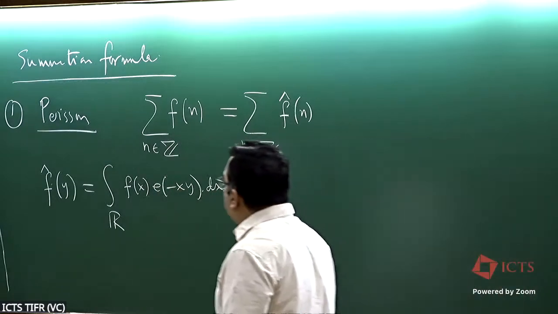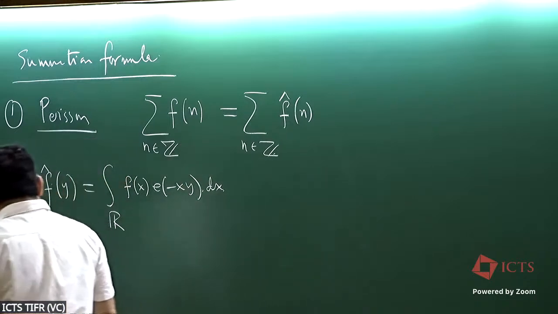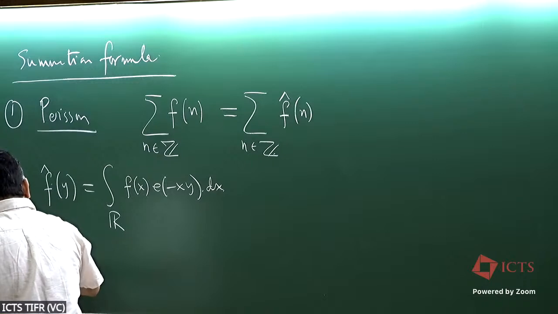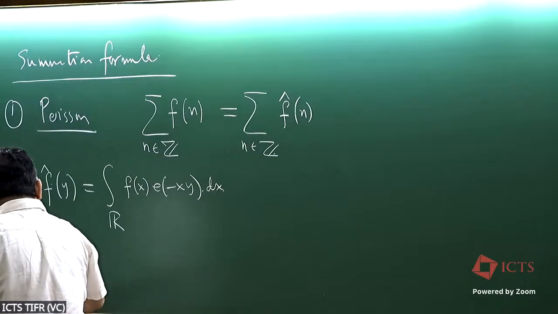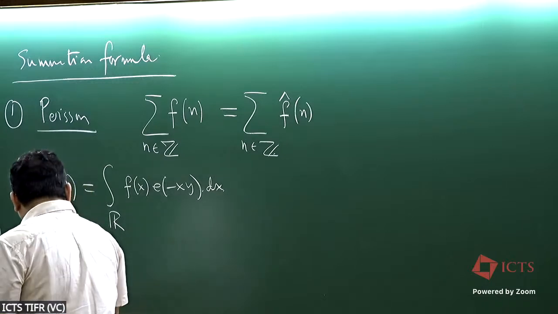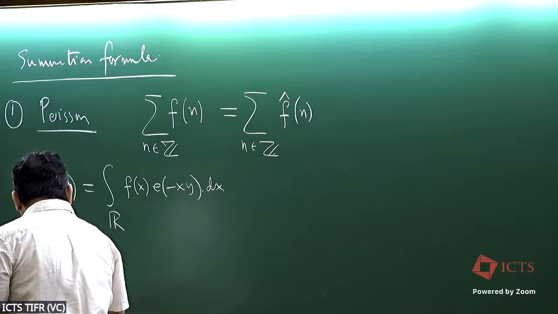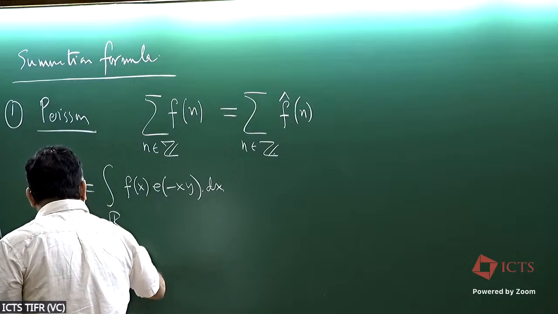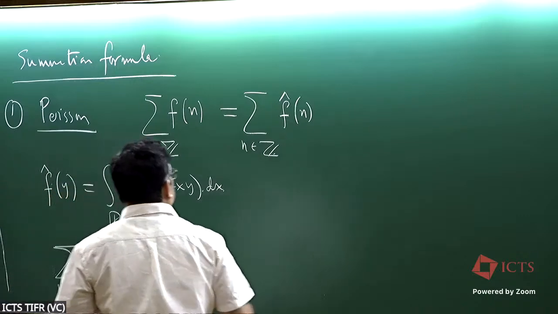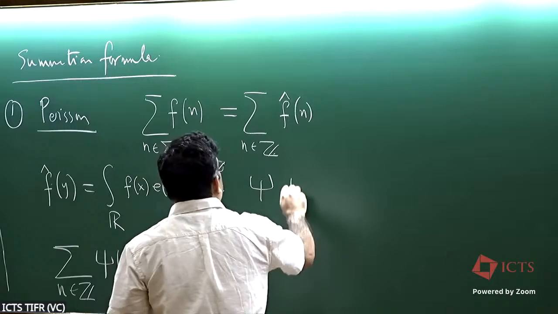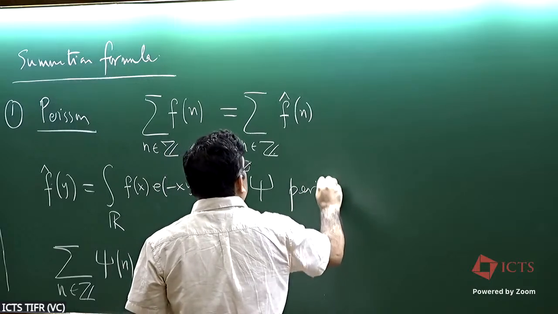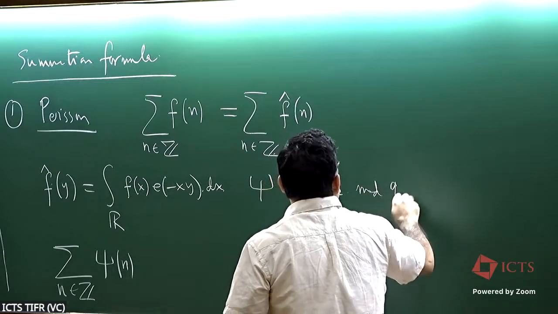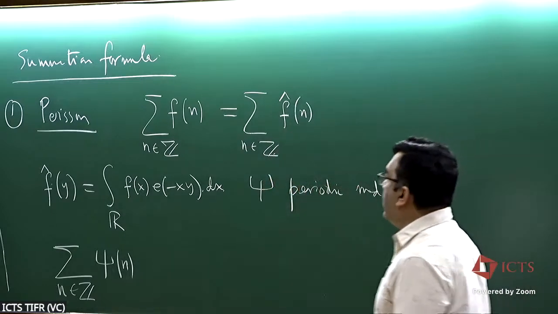Right? And when you use this formula in analytic number theory, it usually comes in this form. So you will have a sum over all integers, and usually you'll have a periodic function psi(n). So psi is going to be periodic with period, say, modulo some q, right?